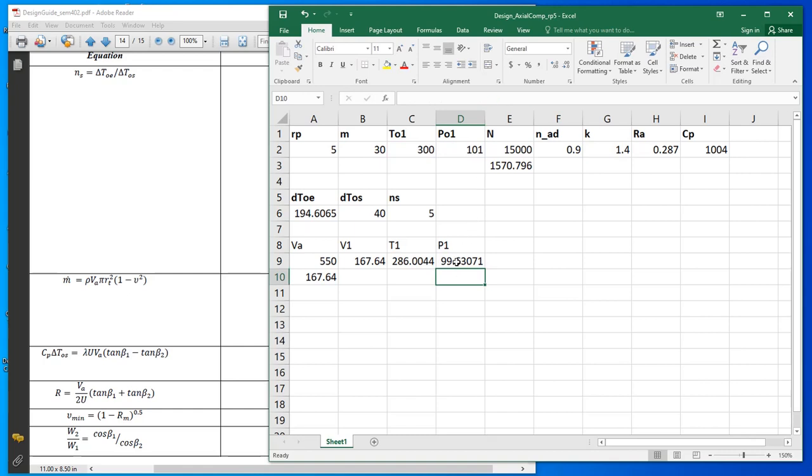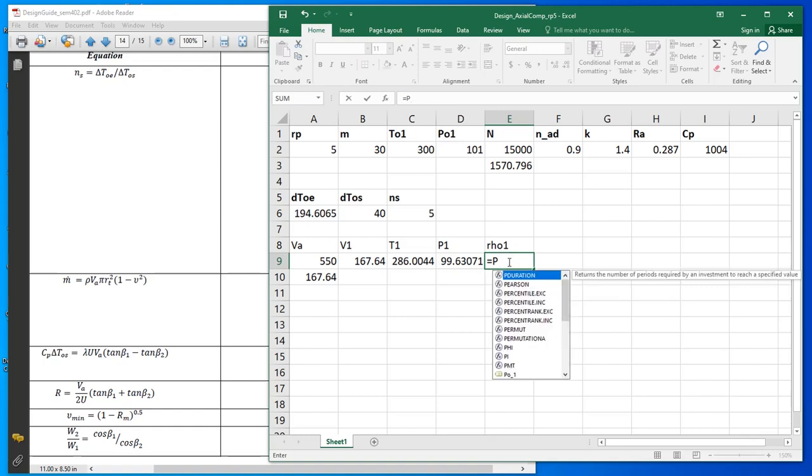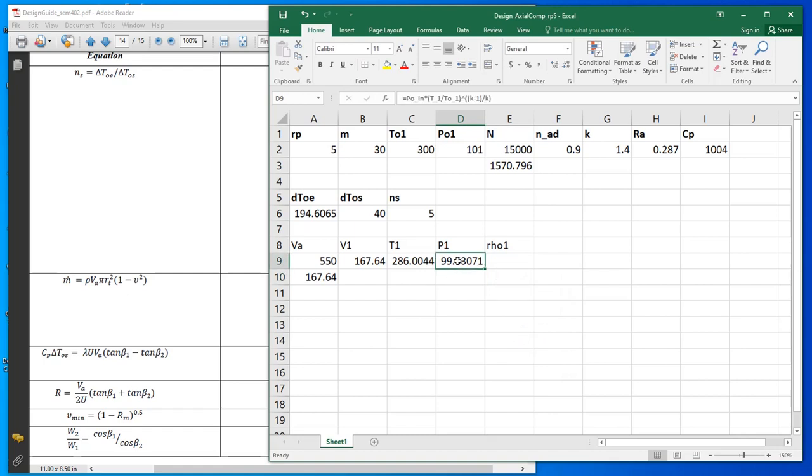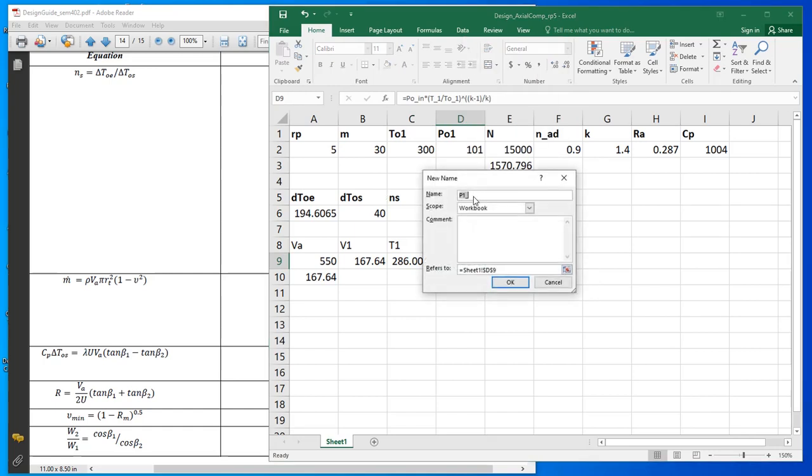Okay, so now we have a value P1, 99.63 kilopascal, and now we can go back to our formula for density. So rho 1 is equal to P1. I don't think we have defined that name. We are having problems with defining our names. P_1.